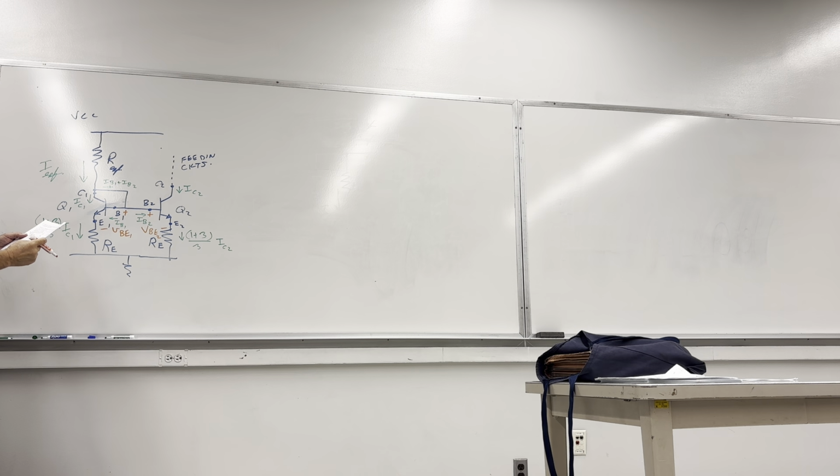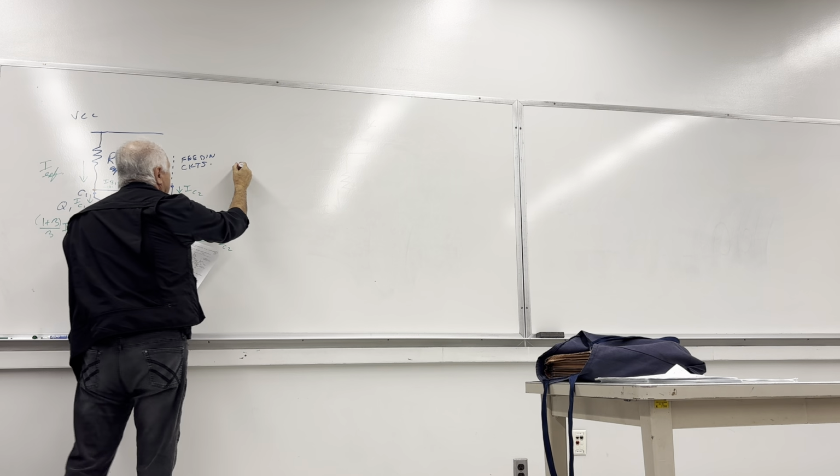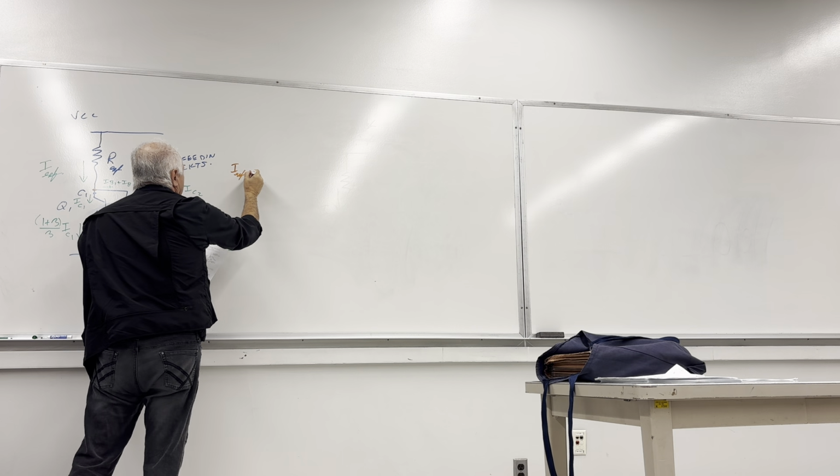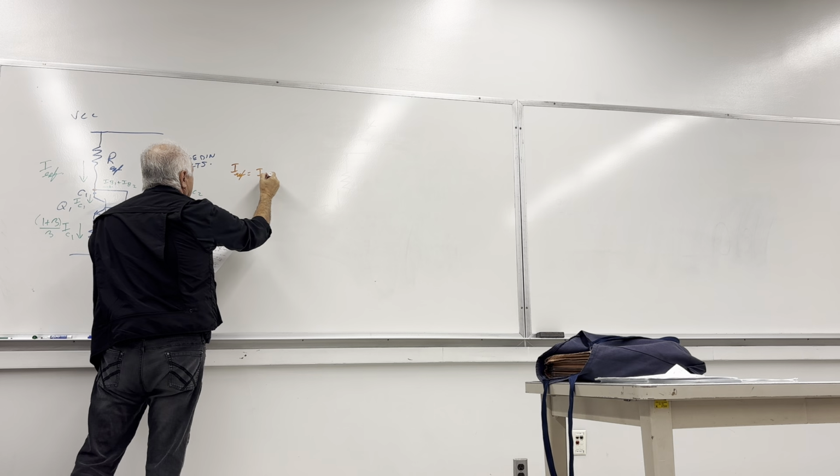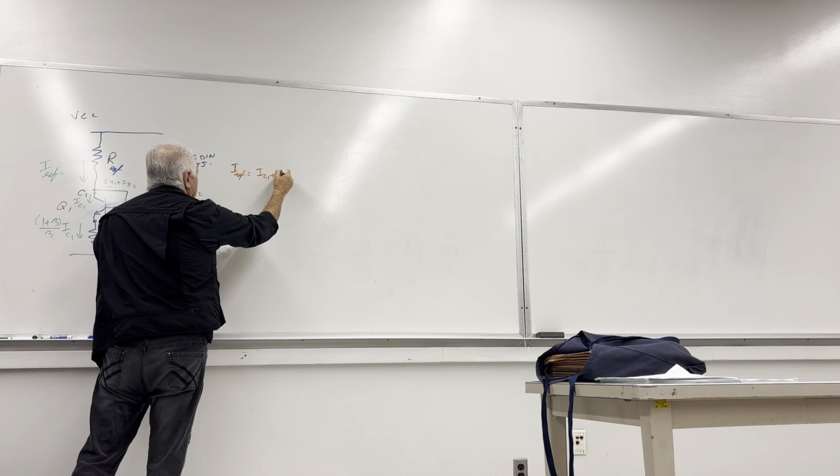So you start by applying DC analysis, that's all to it. You take that node, there are 3 currents. Current this way, current that way, the sum of the 2 bases, current going for the collector. So you establish IREF is equal to IC1 plus IB1 plus IB2.